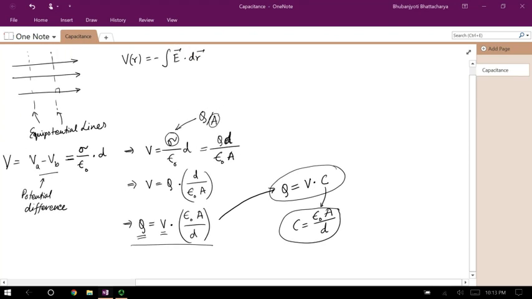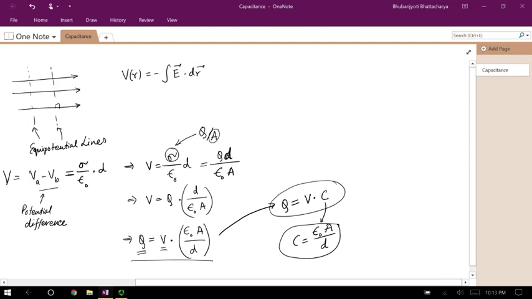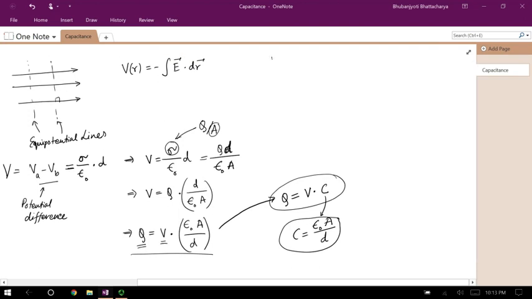Let's talk about the unit for capacitance. Capacitance has units of farads. 1 farad is 1 coulomb divided by 1 volt, so C is equal to Q over V. And again, in SI units, this becomes quite simple: 1 coulomb divided by 1 volt is 1 farad.